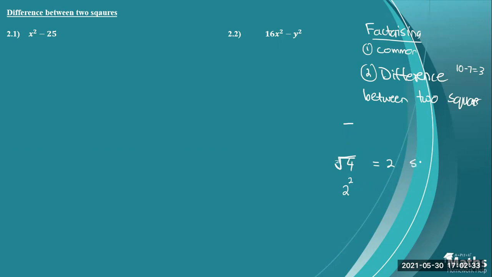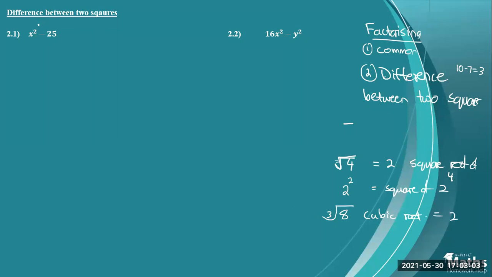So this is the square root of 4, and this is the square of 2. If it's a cube, then they put the 3 in there. So this would be the cubic root, right? Cubic root of 8 is 2.